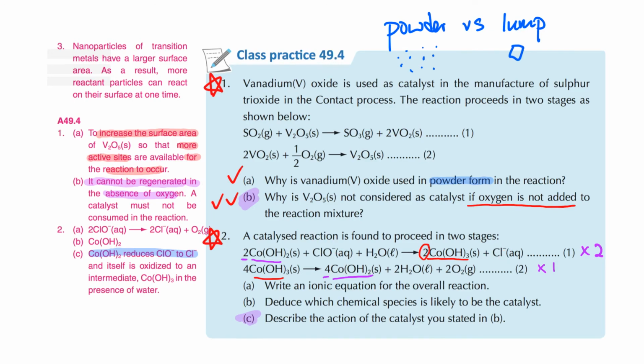If you can't say reduce and oxidize, no worry. You just basically say it reacts with the hypochlorite ion and turns it to chloride ion. That will be all right. And then you say that this one will turn into cobalt 3 hydroxide, and after that it will turn back to cobalt 2 hydroxide. That's the process.